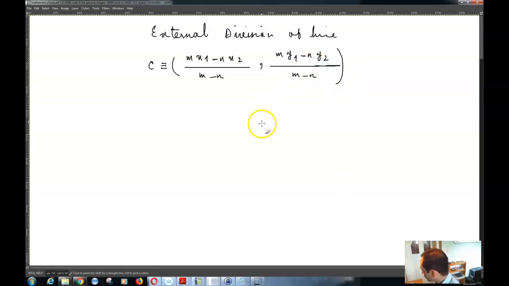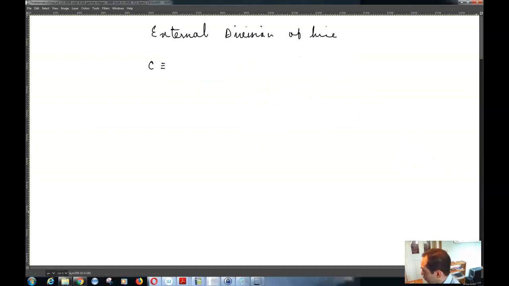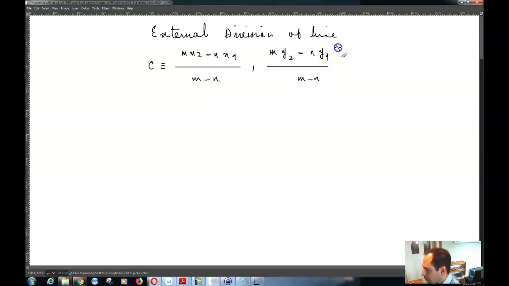This was the formula that we got. I'm sorry, no, this is actually something else. This is what I want to show you. What we found was that the coordinates of the point C were mx2 minus nx1 over m minus n, and then my2 minus ny1 over m minus n. Okay.